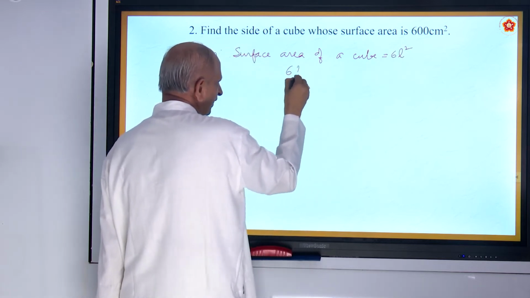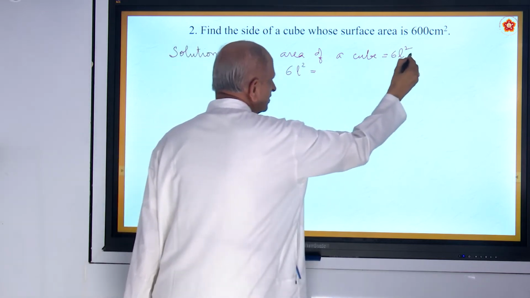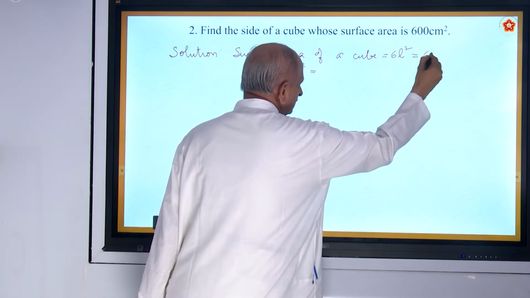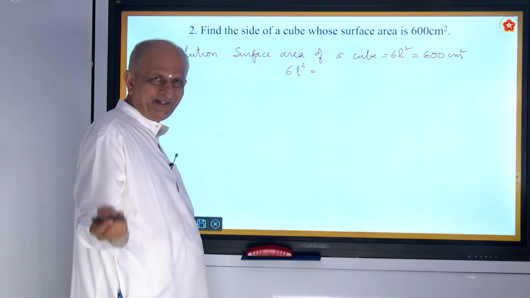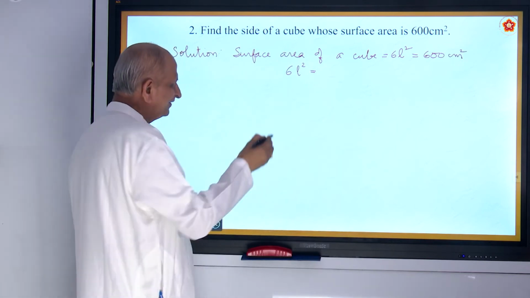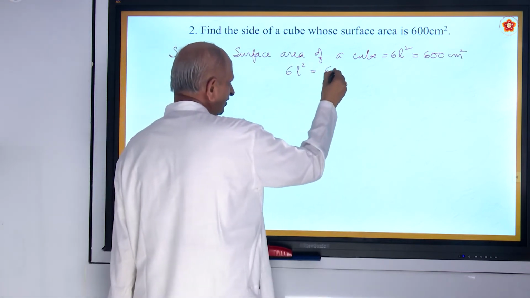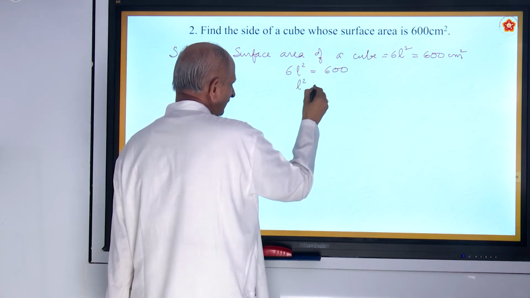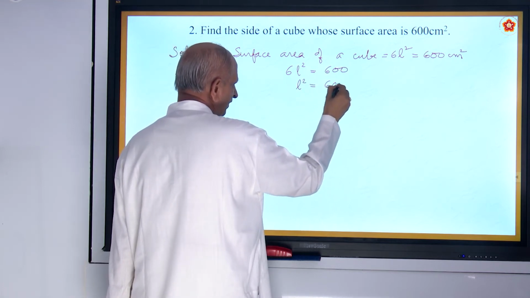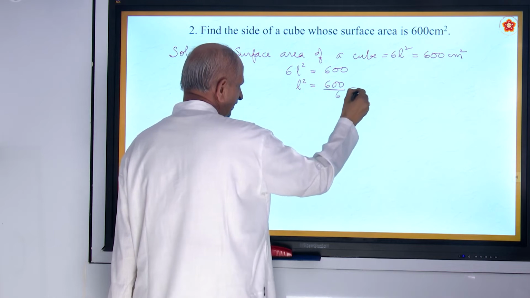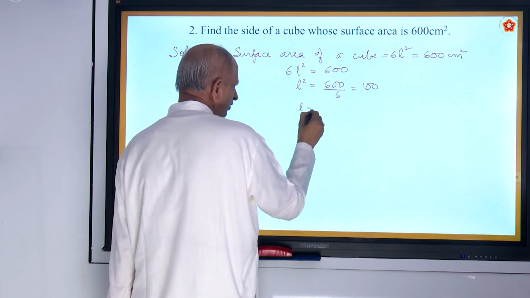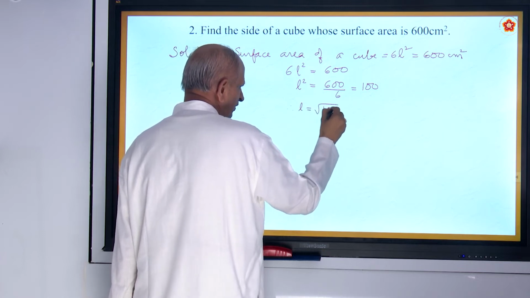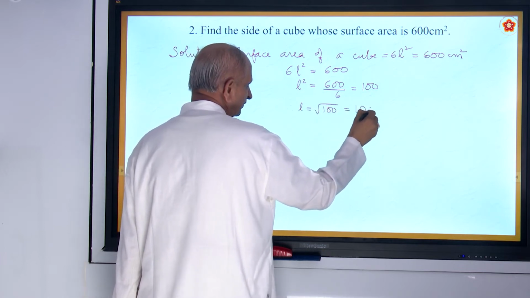So 6L square is equal to 600. Note down, writing down. Okay, 6L square is equal to 600. L square becomes 600 by 6, that is 100, and therefore L becomes root of 100, that is 10 centimeters.